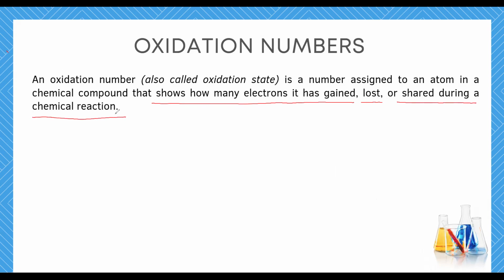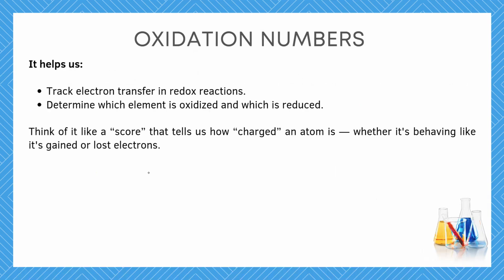Through the oxidation number, you can just look at it and know if a substance has gained an electron, that oxidation number will tell you. If it had lost an electron, the oxidation number will also tell you. So that is why the oxidation number is an important concept we need to be familiarized with in the topic of redox reactions. So here is the importance of what the oxidation number is all about.